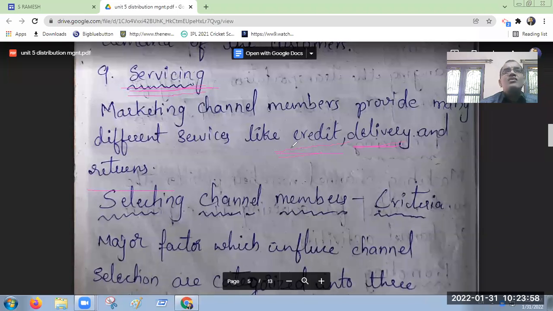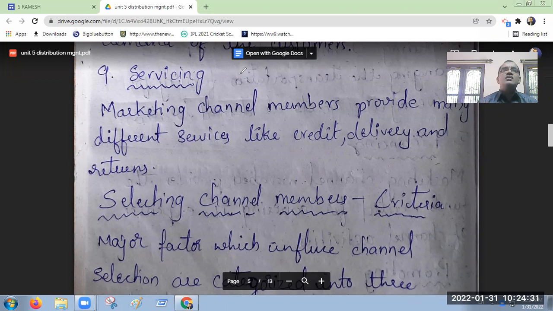So credit facility will be provided by the different channels of distribution. Free home delivery will be provided, or based on nominal charges they will deliver goods, and sometimes they will allow the return of goods if the goods are not up to the standard as thought by the customer. So these are the different kinds of services normally provided by the distribution channels.